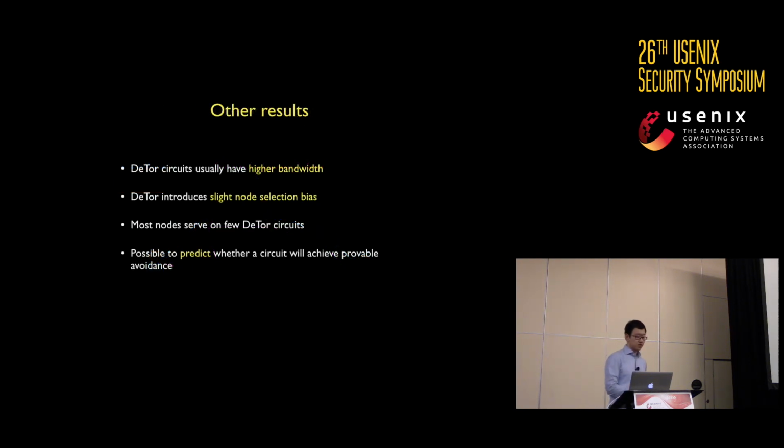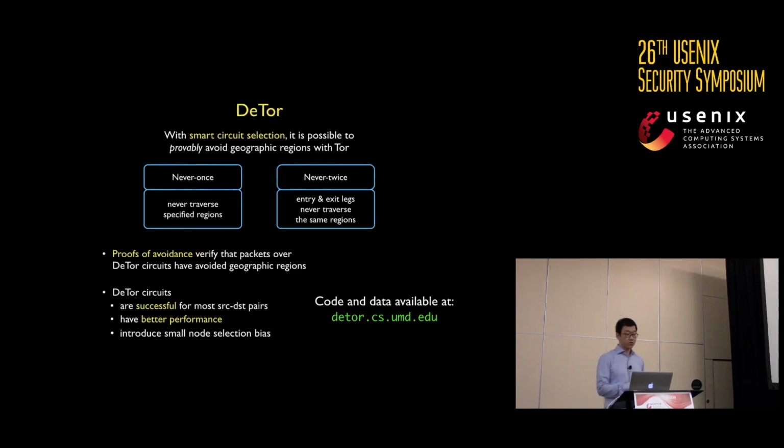There are many other results we evaluated on DeTor, such as that DeTor only introduces a slight node selection bias, and also we found a parameter that is indicative for predicting the success probability of a DeTor circuit. For more details, please check our paper. To summarize, we present DeTor, which provides circuits that can achieve never-once or never-twice avoidance.